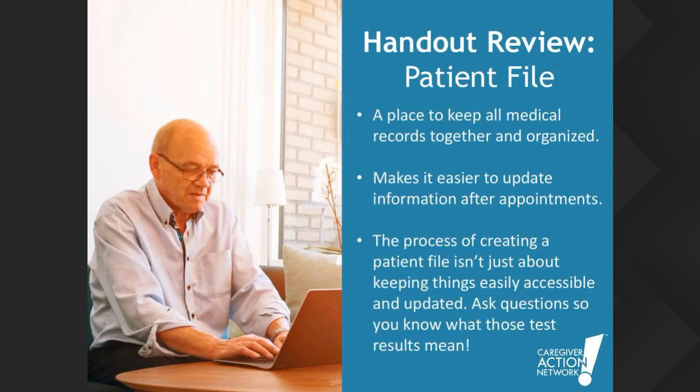Having all of this information in one place is important because all members of the care team, not just you, there's often many members helping to care for your loved one, and they need to understand what each of these elements mean. This can include things like test results, maybe specific medical terminology, depending on your loved one's circumstance, that may be confusing, and the legal documents that we mentioned before.